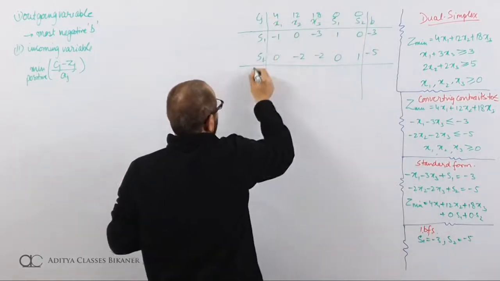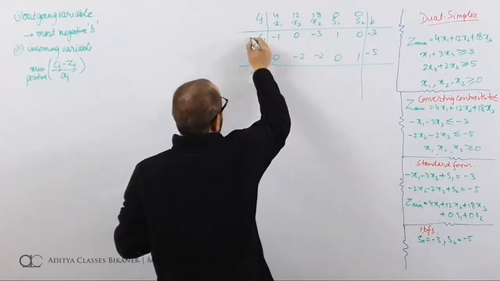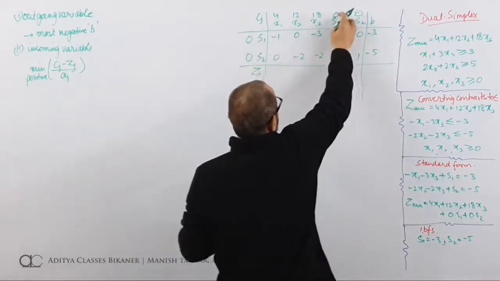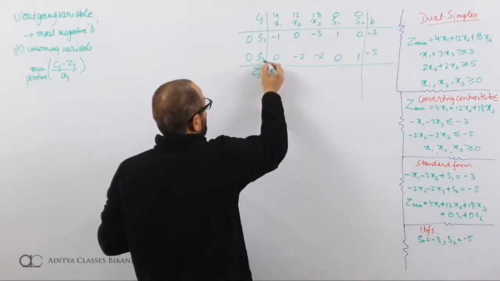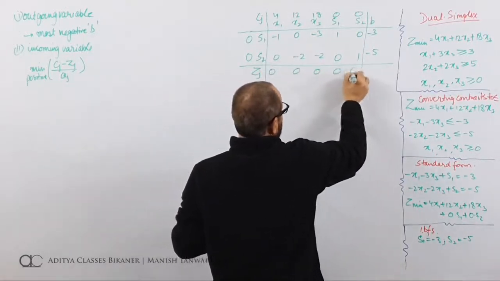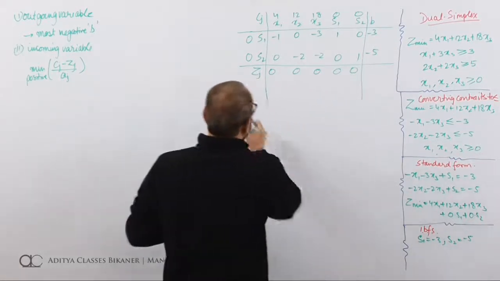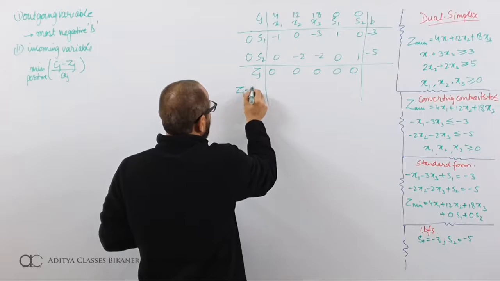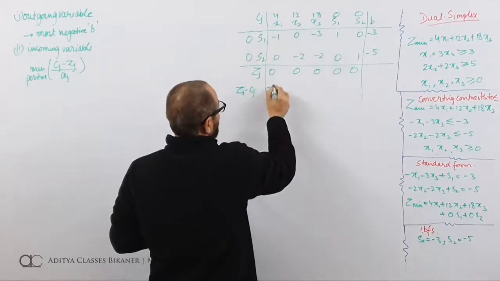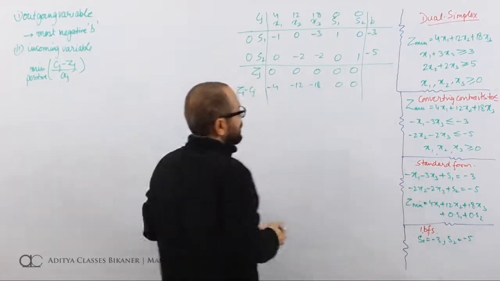These are the Cjs. We can have our Zjs. Because we are starting with S1 contributing 0 and S2 contributing 0, we'll have all these values as 0. Then because it is minimization, I'll go for Zj minus Cj: 0, minus 4, minus 12, minus 18, 0 and 0.